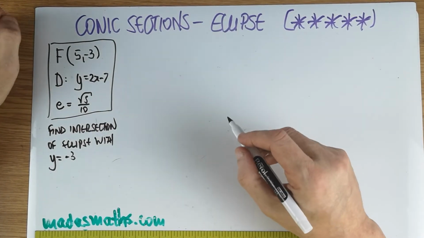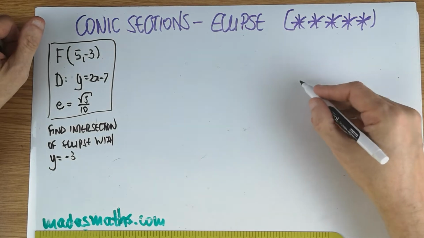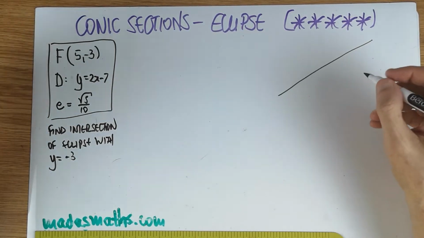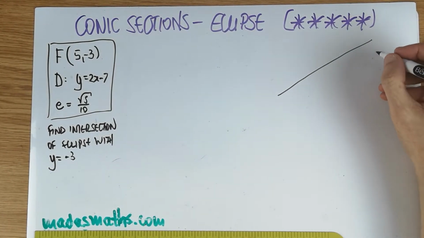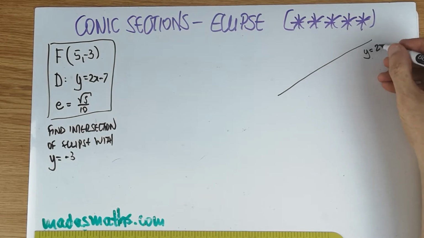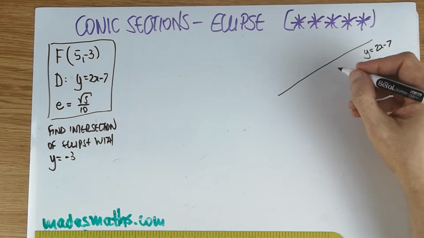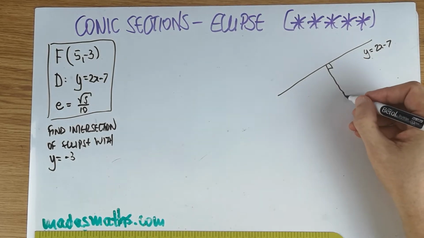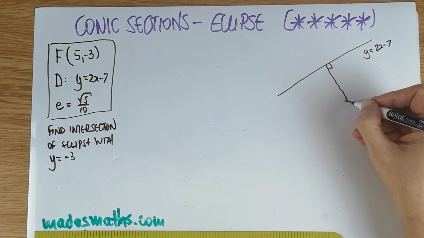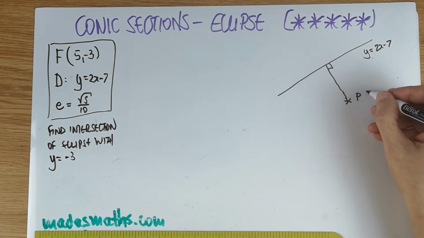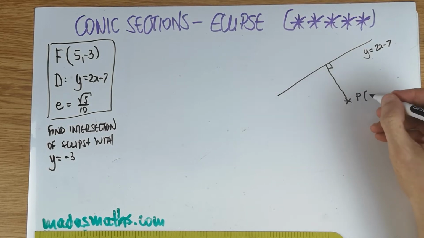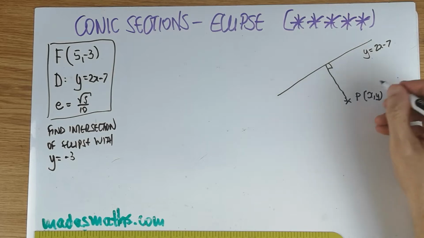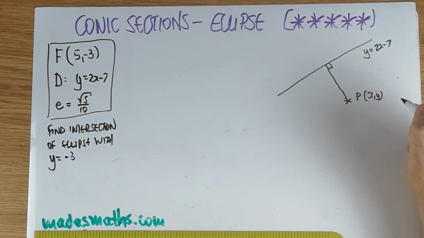But where we really start with something like this is a picture, so we can see what's going on. So this is the directrix, 2x - 7. And at right angles to the directrix, we have a point P with coordinates (x, y). This is on the ellipse. It's a locus.